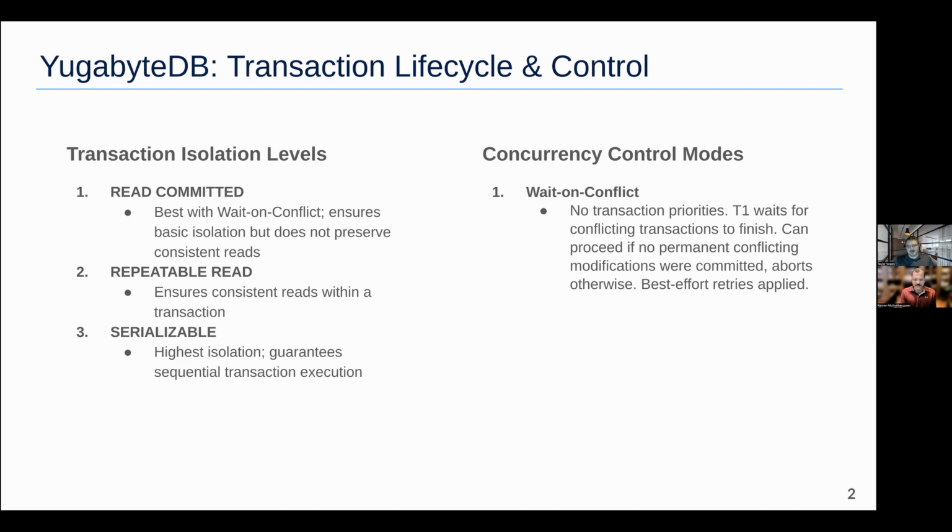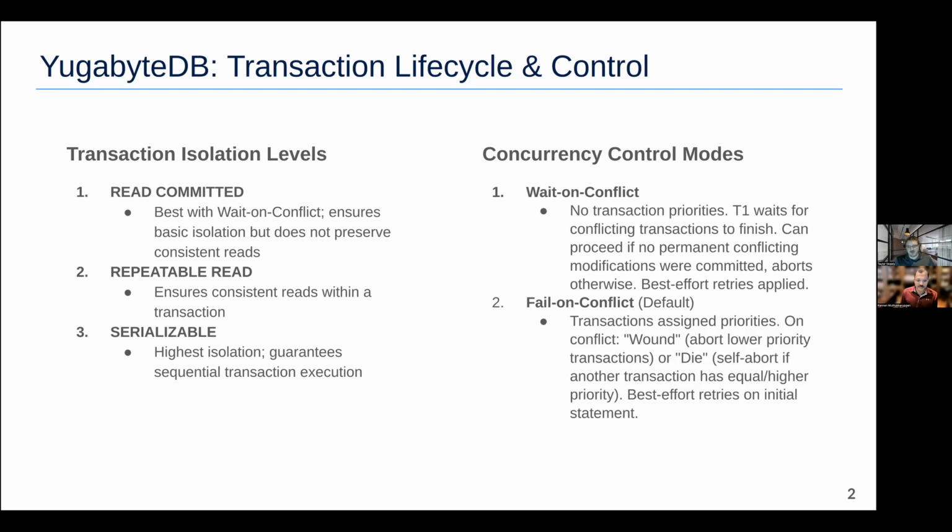And then if there are no conflicting transactions, the write can go ahead. And then we have fail on conflict, which has 2 transactions conflicting. The highest priority transaction will either be wounded or die. And it's best effort for retries.